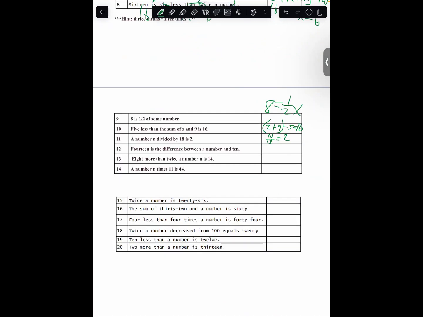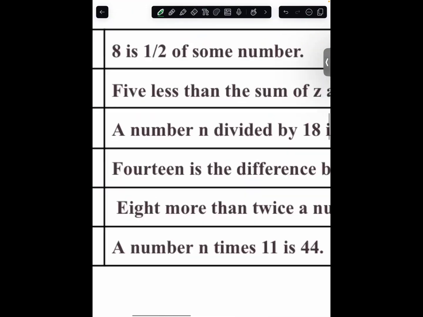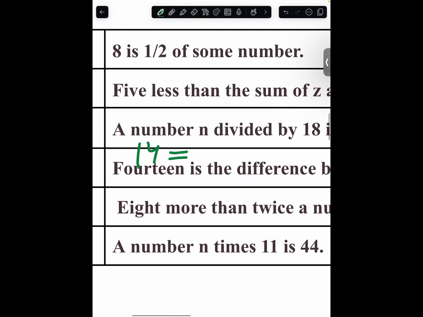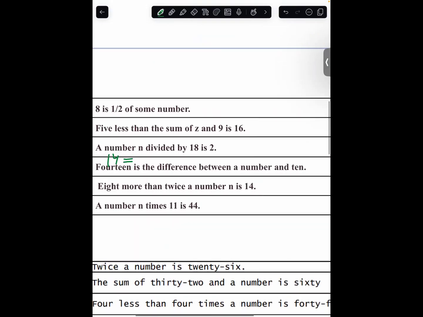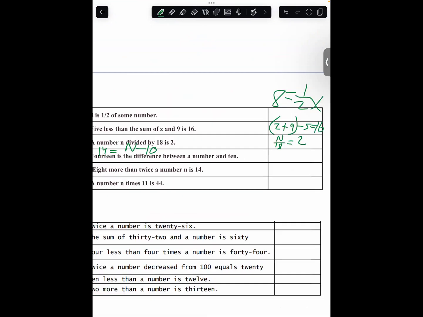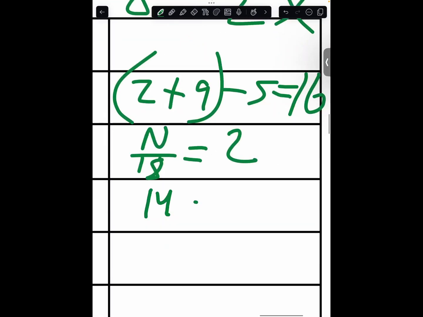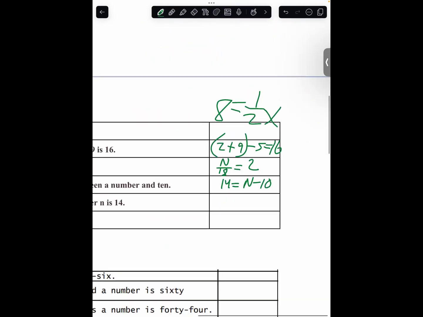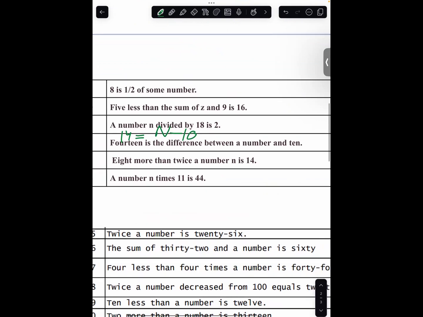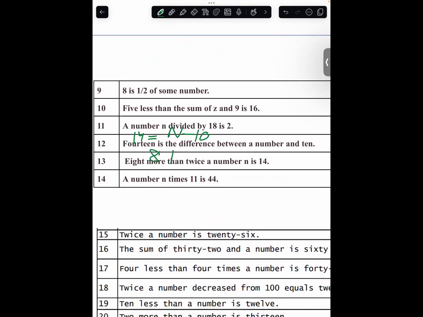14 is the difference between a number and 10. So 14 is the difference between, so it's minus, a number and 10. All right, 8 more than, so 8 plus twice the number n is 14.